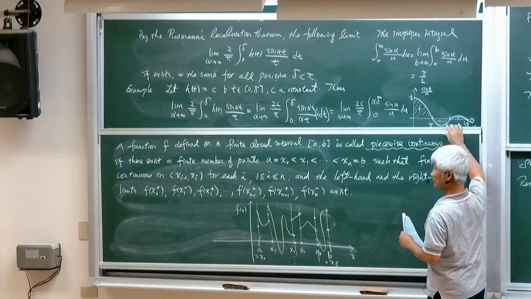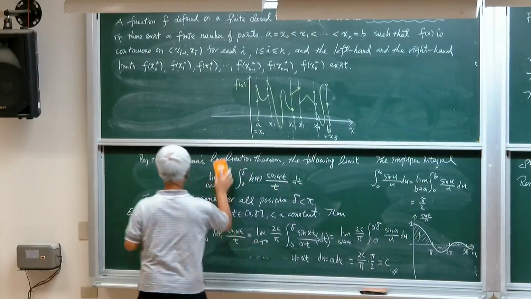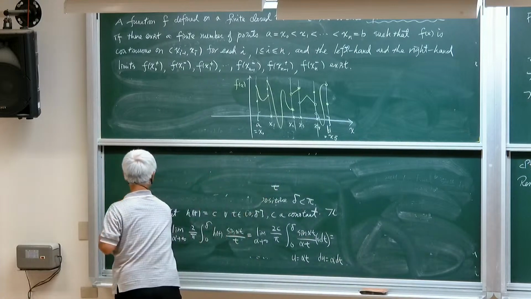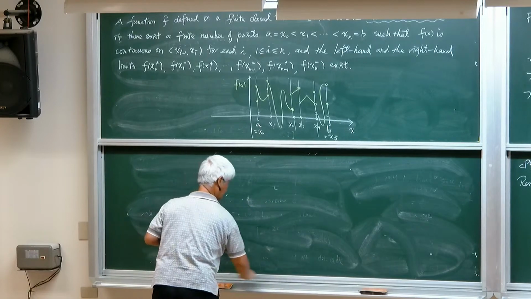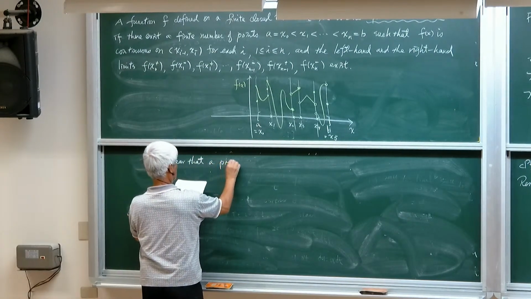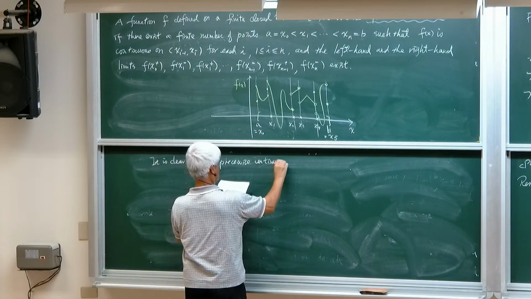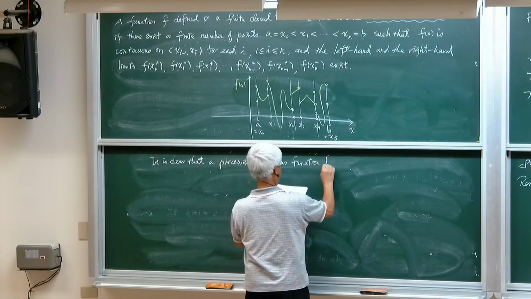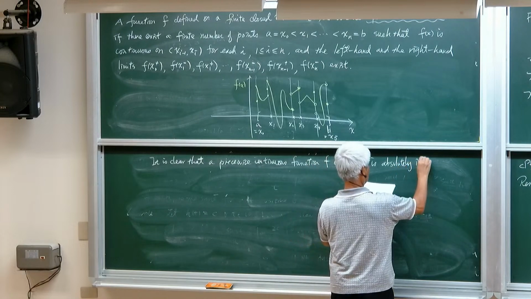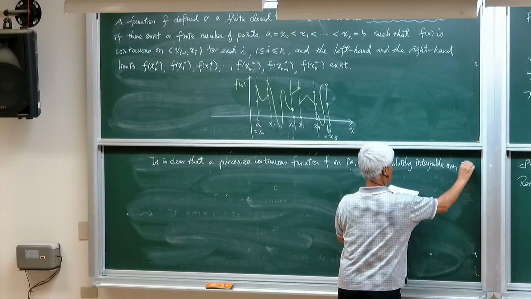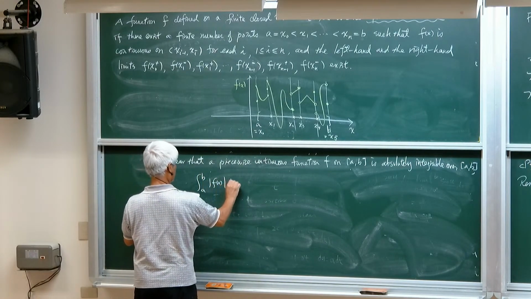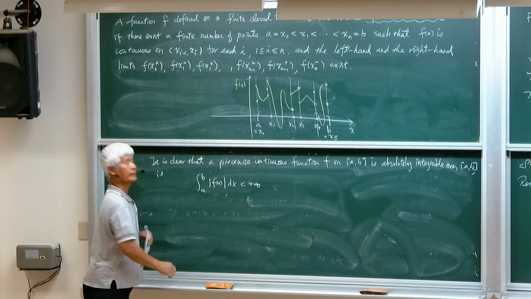And it is clear that a piecewise continuous function f on a finite closed interval is absolutely integrable over AB, i.e., this integral is finite.